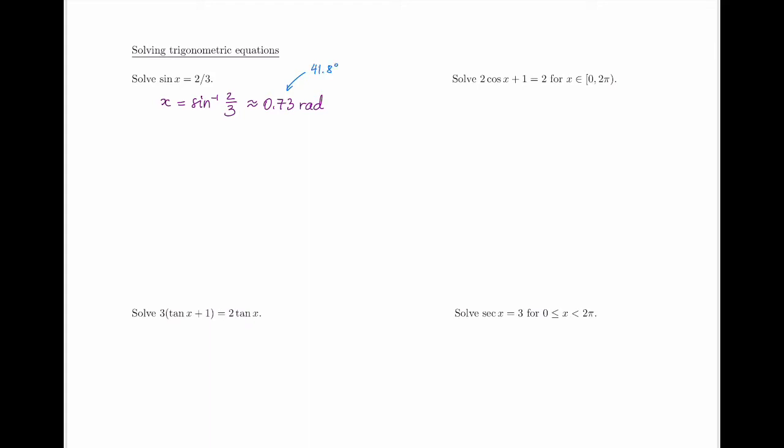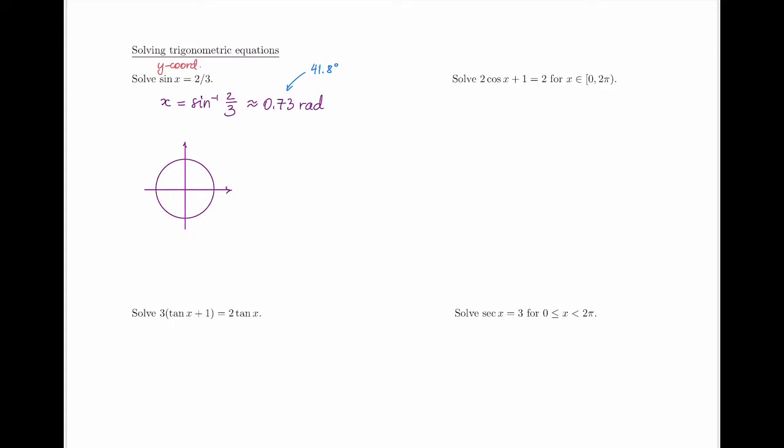Okay, this is all that the calculator will give you as the value of the inverse sine, but this is not a unique solution to the equation that we are actually given. So let's pull up our unit circle here to take a look at what we are missing out with the calculator only providing one option. Recall that sine x corresponds to the y coordinate of the corresponding angle.